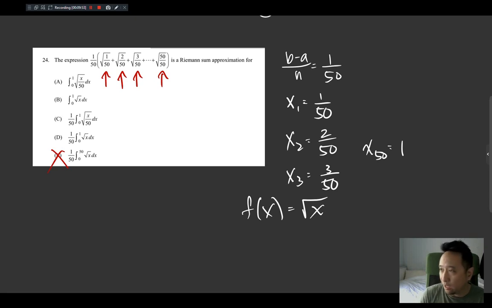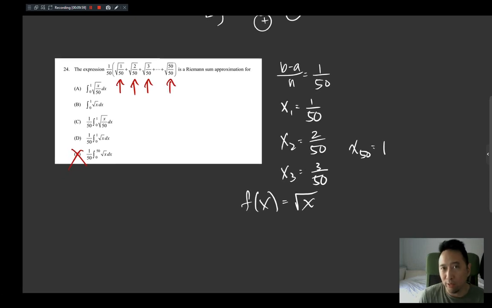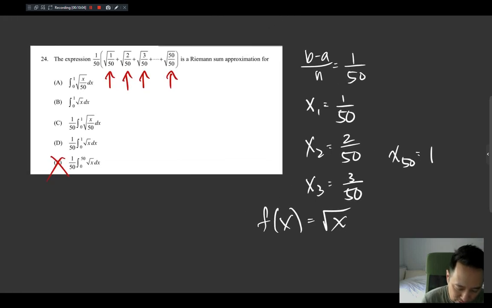Now to figure out whether it's a right Riemann sum or a left Riemann sum, this is the giveaway. The last term right there, 50 over 50, is going all the way to the edge, which means this is a right Riemann sum. If it was a left Riemann sum, it would have been 1 minus 1 over 50, which is 49 over 50.